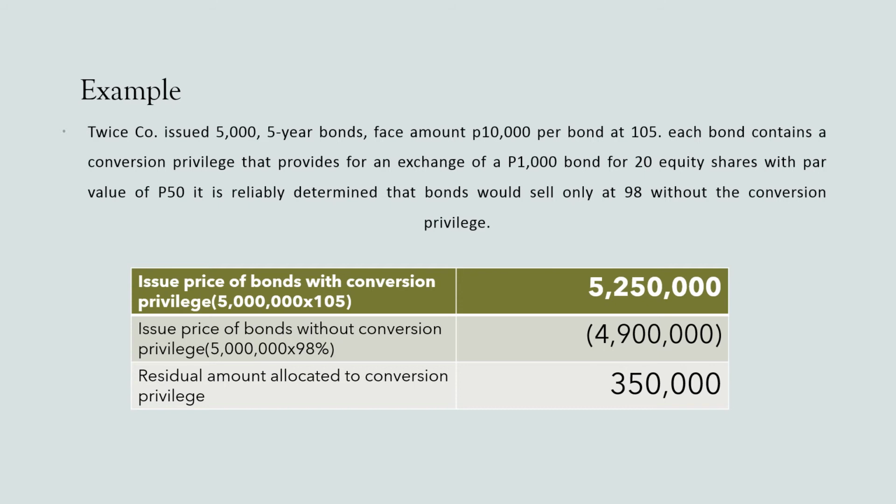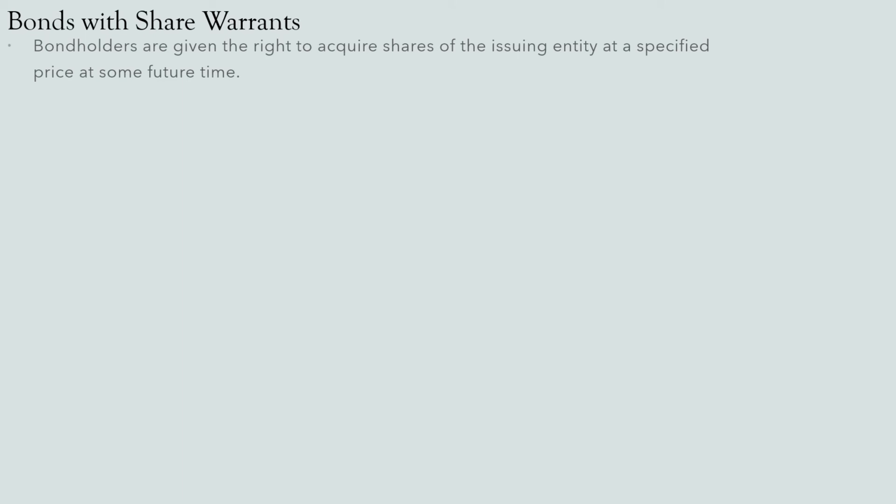Bonds with share warrants. Ano ba yung share warrants? These are actually rights. Bondholders are given the right to acquire shares of the issuing entity at a specified price at some future time. Okay. Kasama ng bonds payable, wherein pwede mo i-acquire yung shares ng company at a price lower than bentahan sa labas.